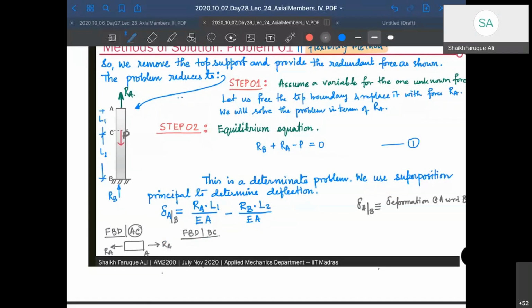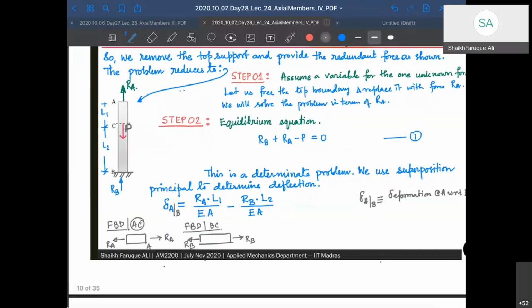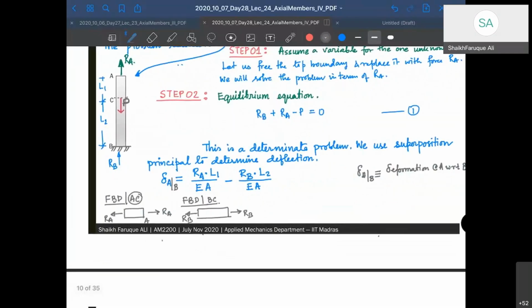So what I'm going to get is RB, on the other side also RB. So the internal force diagram is going to look like this.